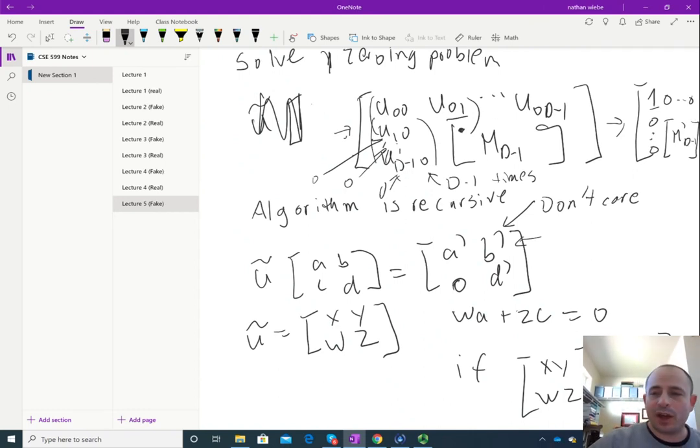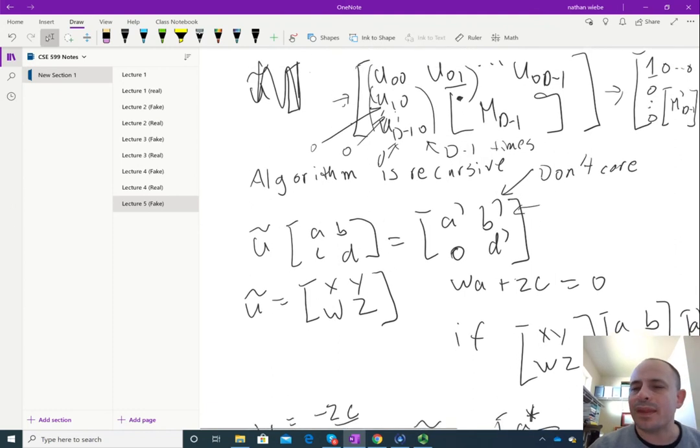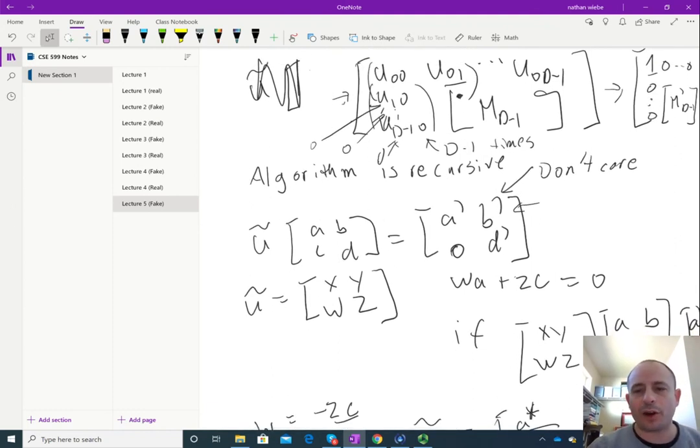Okay? So what we've done is we've effectively zeroed out everything except for this block over there. Now, what we need to do is just argue how many times we're going to need to do this.